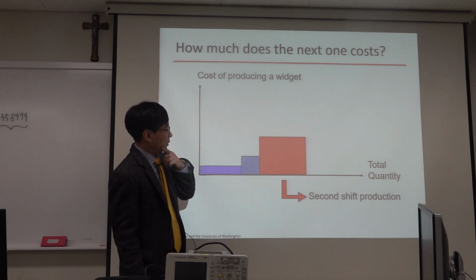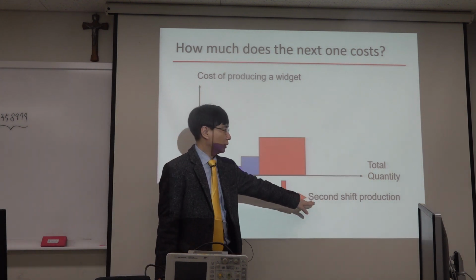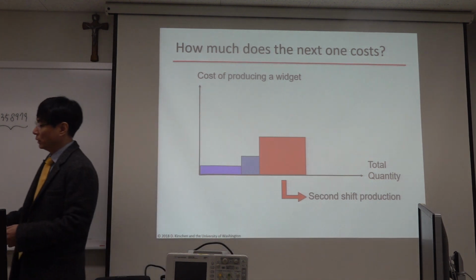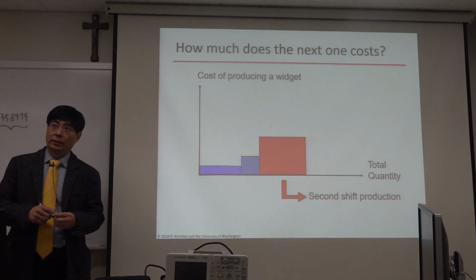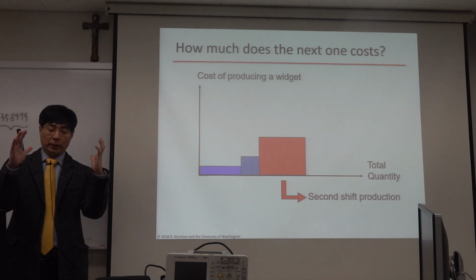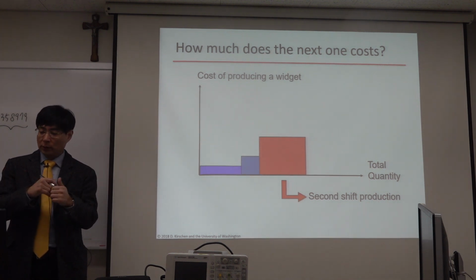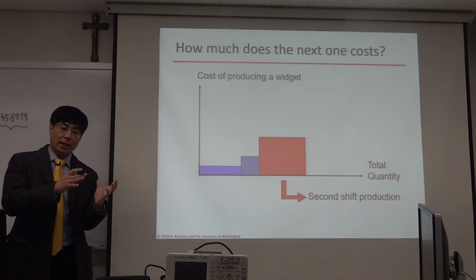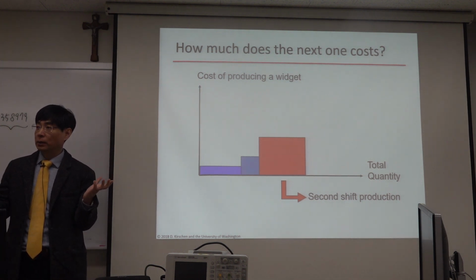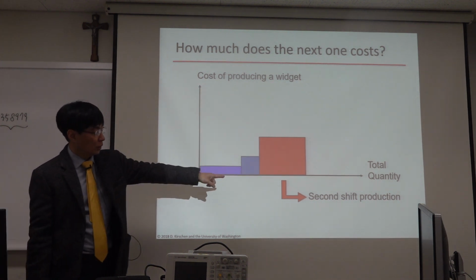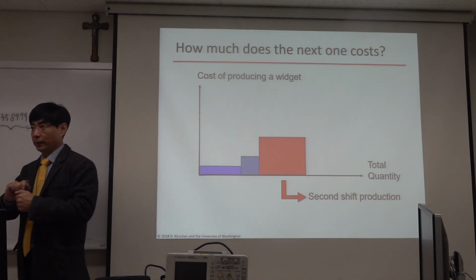And when you need to produce further, second shift production. The meaning of second shift production is that the first shift production means, in the case of employee workers, from 8 a.m. to 9 p.m. That is the first shift. And so second shift means overtime work.